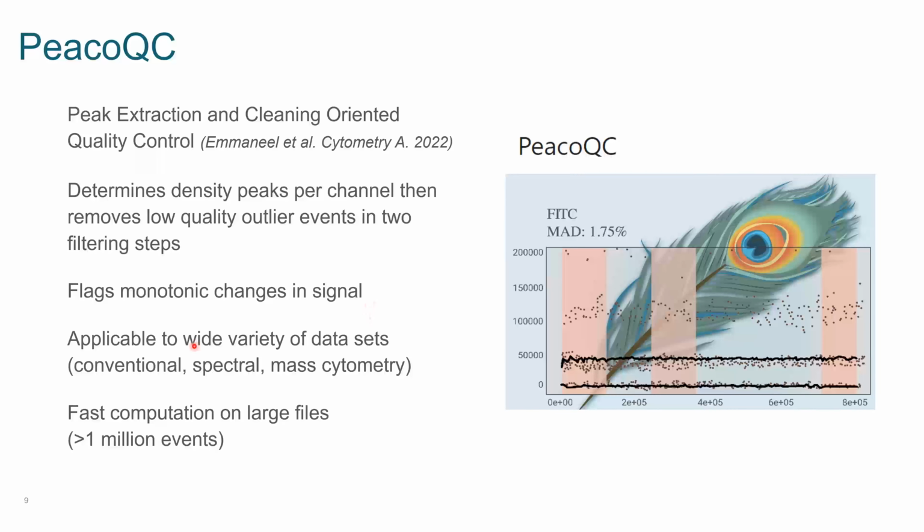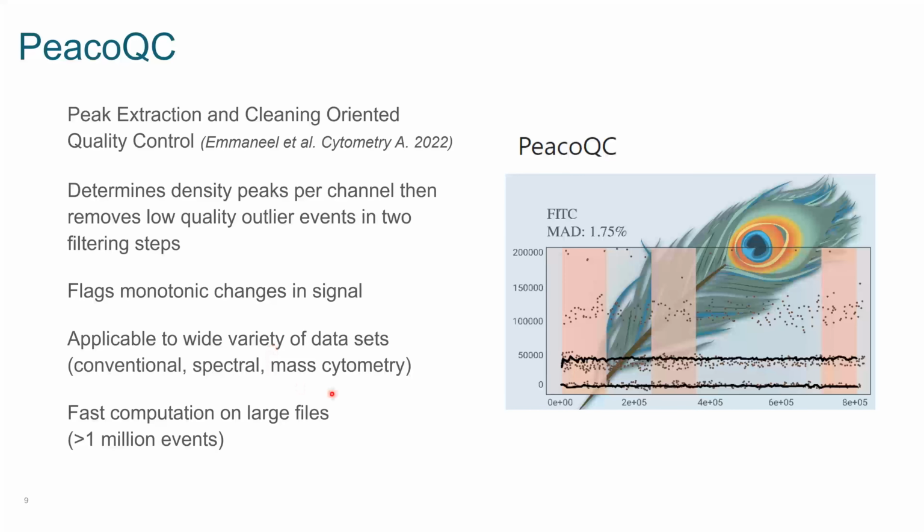I think one of the best features about PeacoQ is its ability to be applicable to a wide variety of data sets, right? So as we'll learn in the next couple of slides, and as is better described in the paper, the parameters for how this tool is run have really been widely tested over different data types. We typically deal most often with traditional or conventional fluorescent cytometry data, or even spectral cytometry data.